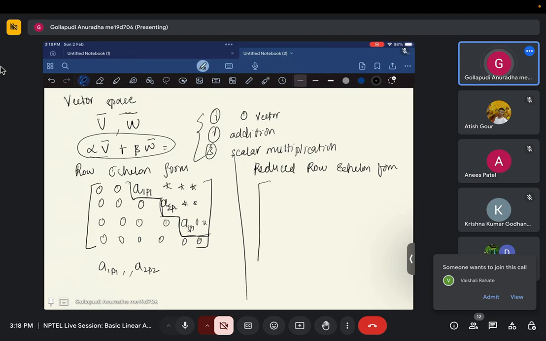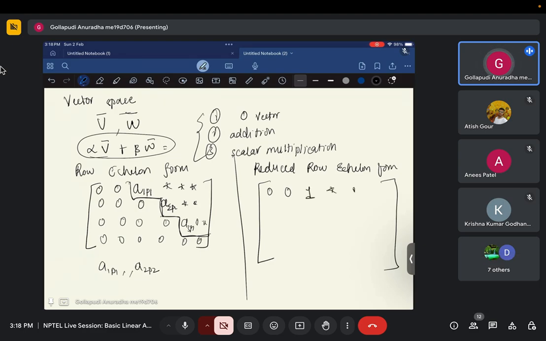The main difference is in reduced row echelon form. What you'll try to do is make this pivot 1, and these are also pivots. So you'll make this value 1, and whatever values are in the pivot column above the pivot, you will try to make them 0.